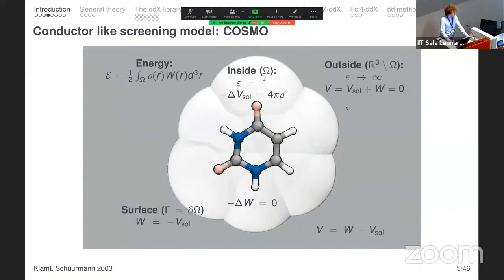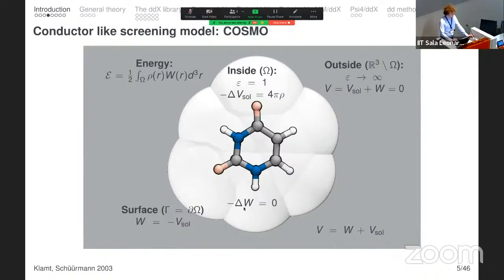I will present today 3 different models. The first one, the most simple one, is the Cosmo model. In this case, we say that outside we have the electric constant, which is infinite, as in a conductor, and so all our electrostatic problem is somehow restricted to the cavity. Inside the cavity, we have the potential of the solute, which is what it is, and then we have the reaction potential that we want to find.